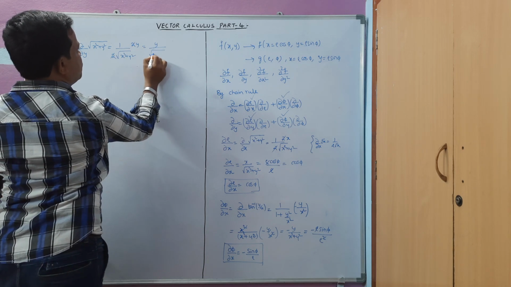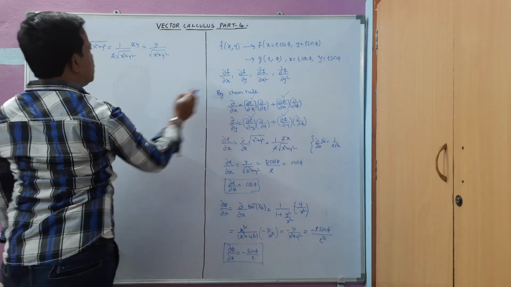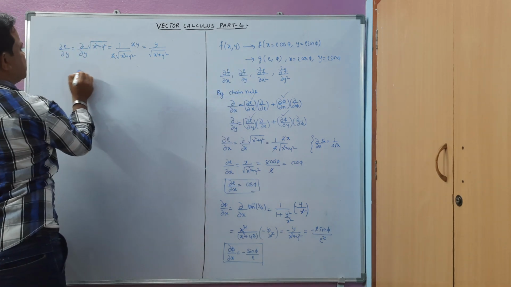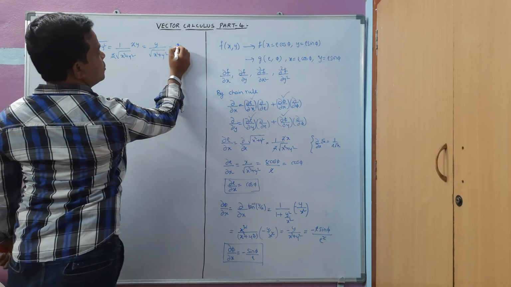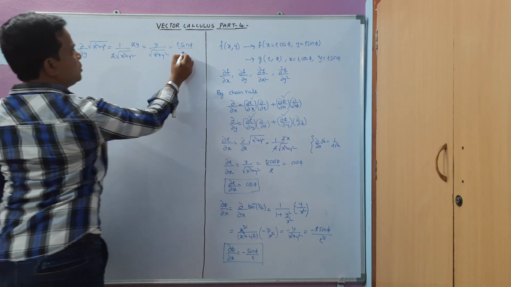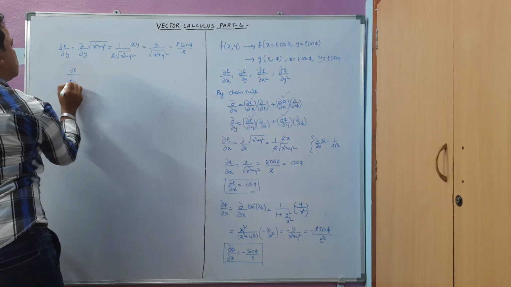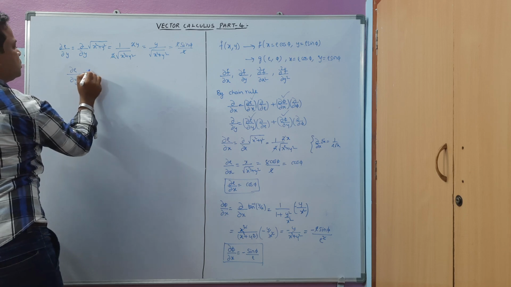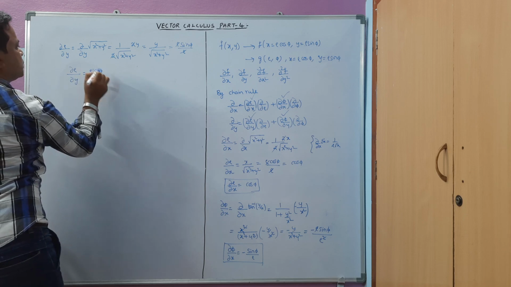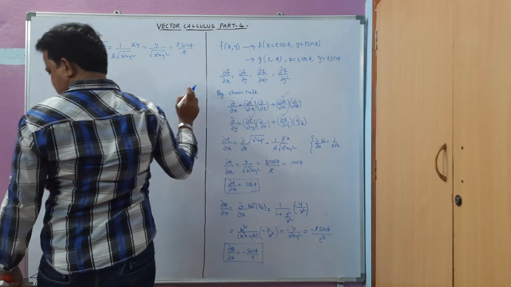Y by square root of x square plus y square. Again y is equal to what here? Rho sin phi here. Okay, here rho sin phi, but again here this will be equivalent to rho. So I get here dou rho by dou y is equal to sin phi. So I have got this third term also, dou rho by dou y is sin phi here.